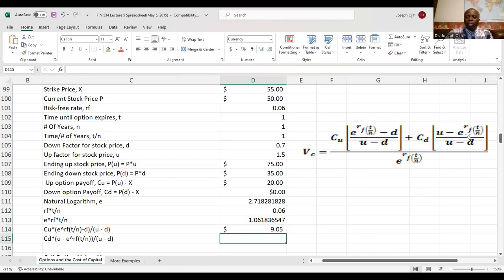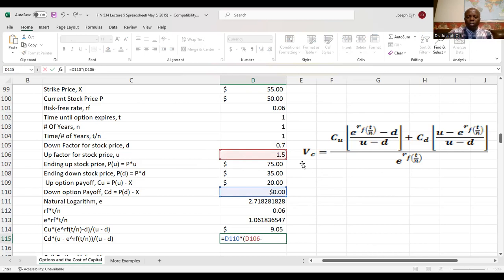Now let's get this part here. Again, CD represents the down option payoff of 0, times, in parentheses, U minus, U is the up factor, 1.5 minus E raised to the power RF times T over N, which is right here.